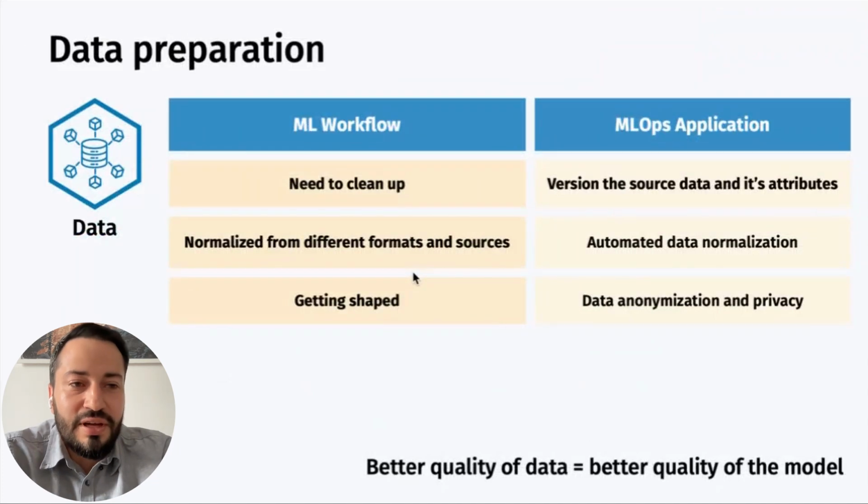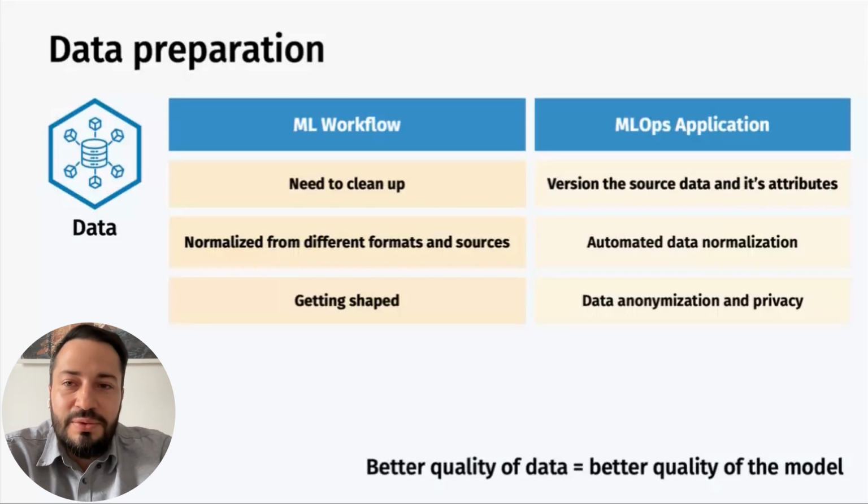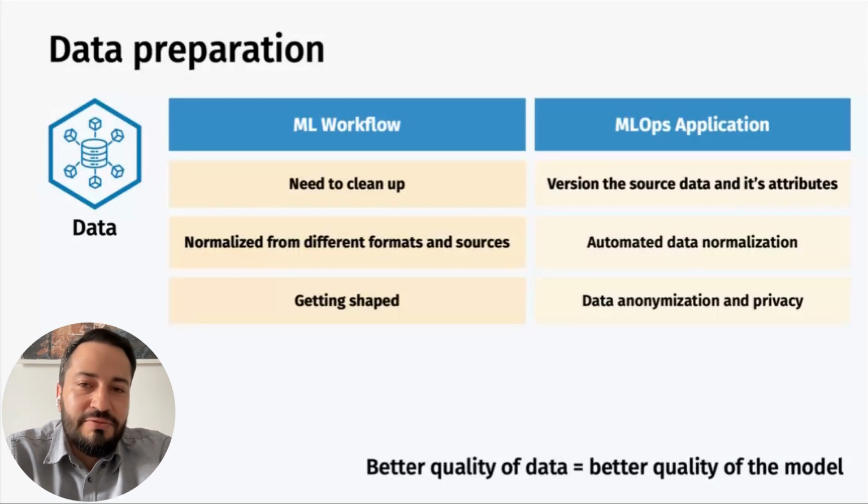So first of all, the data preparation process. What we need to do here is clean up the data, and we need to prepare different versions of the data sets. We need to normalize data.